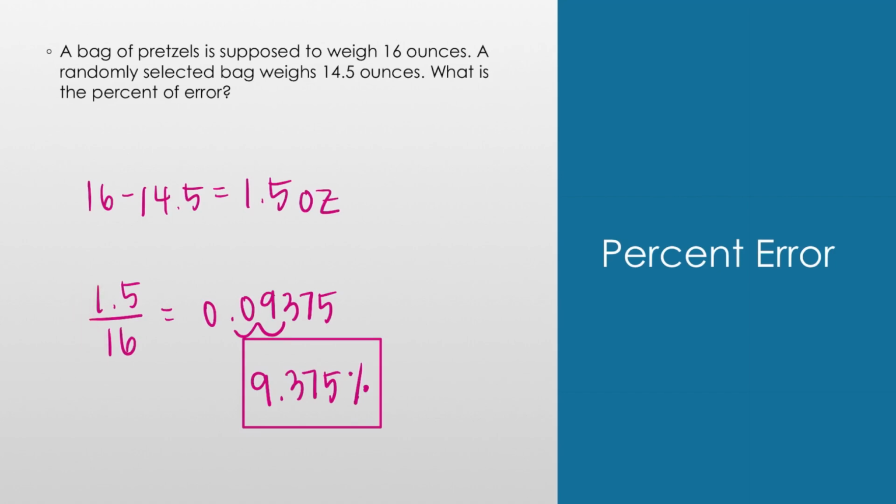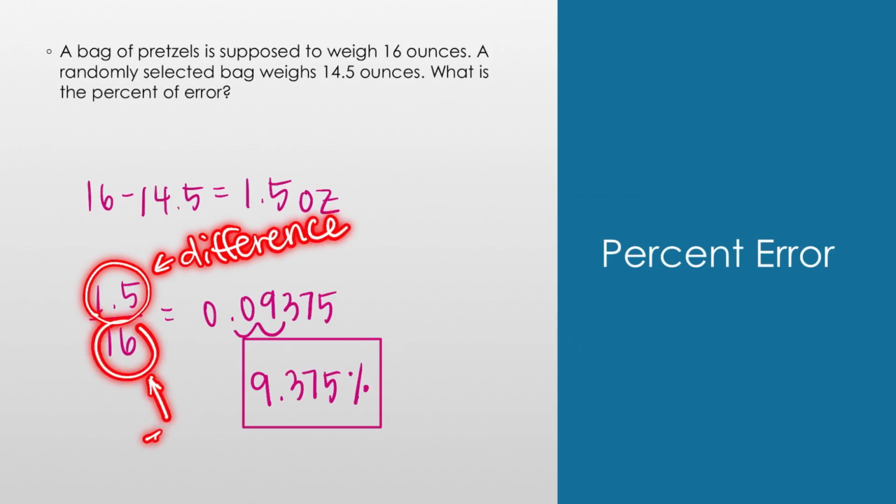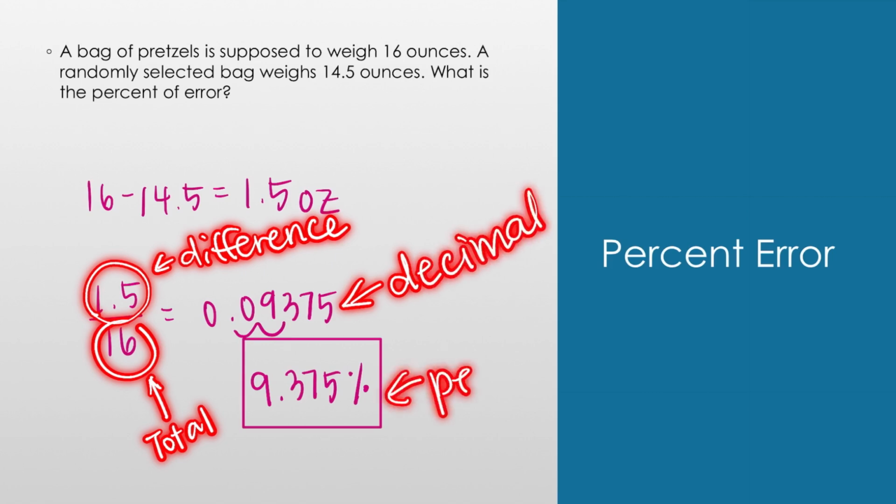That's really all it is. So when you're doing percent error or percent growth or percent decay, you want to find the difference, and then you want to put that over the total, make that into a decimal, and then make that into a percentage.